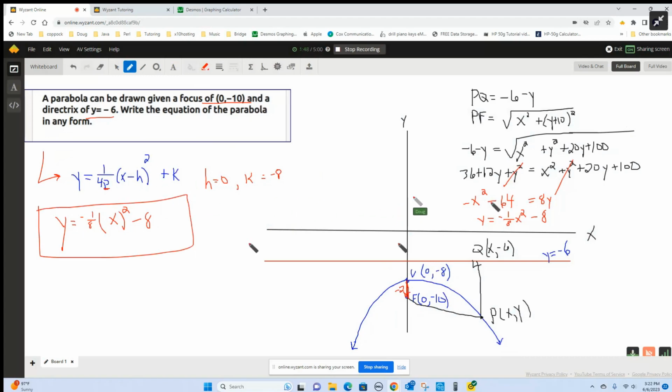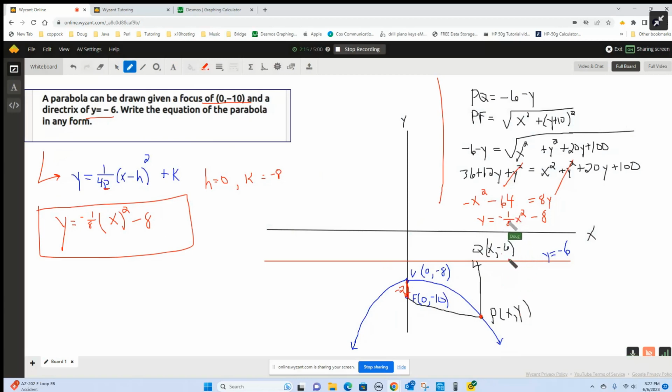Now, you can derive that without knowing this formula, because the definition of points on a parabola is that any point on the parabola is the same distance from the directrix as it is from the focus. So if I pick P as any point on the parabola with coordinates x and y, the distance to the directrix is just this vertical distance, which is the distance from -6 to y.